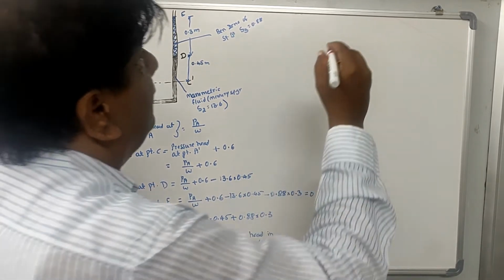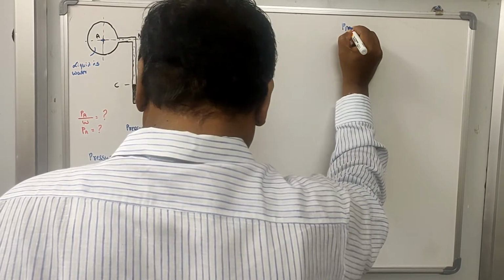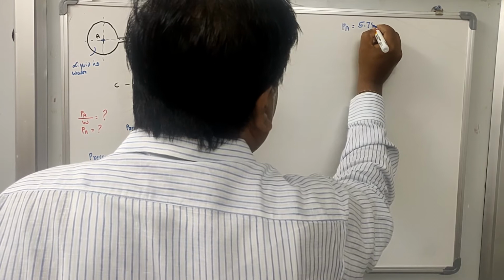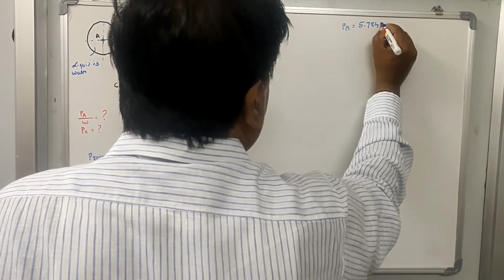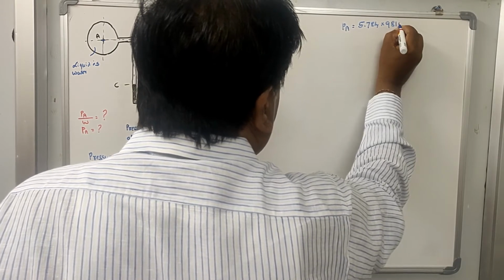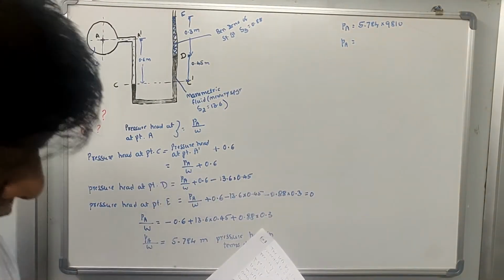Then what is the pressure intensity at point A? That is PA is equal to 5.784 W, where W is the unit weight of water, that is 9810. Therefore you can calculate the pressure intensity PA.